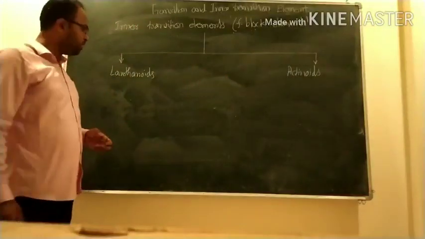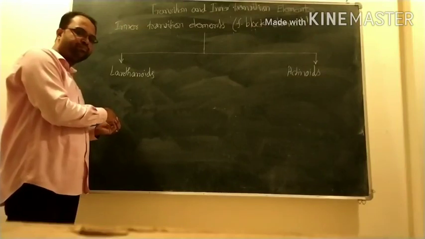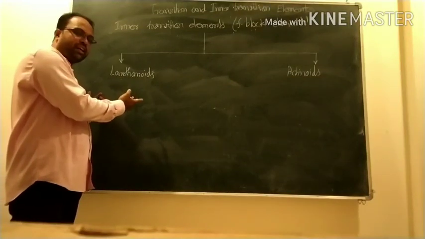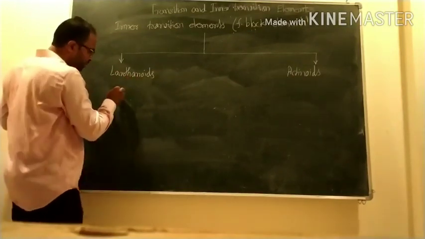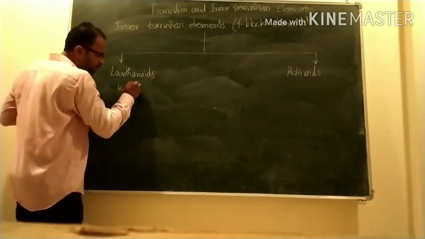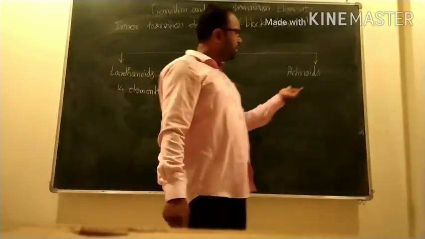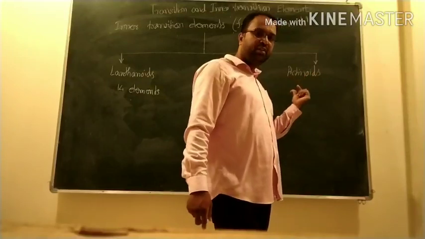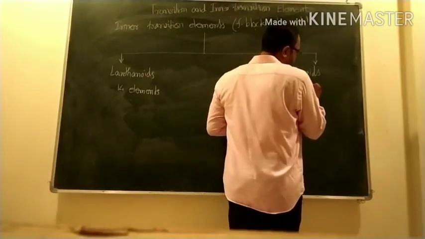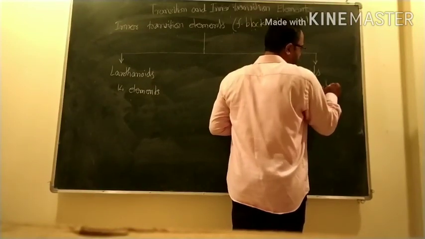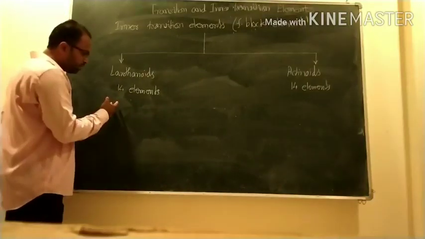Lanthanoids means the series which starts after lanthanum, and they have 14 elements. Similarly, actinoids start after actinium, and there are also 14 elements.